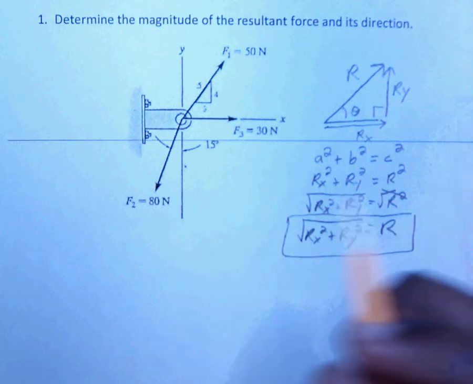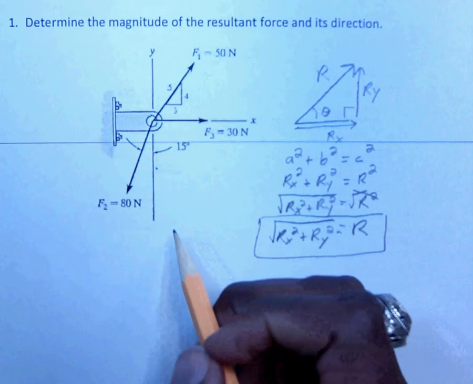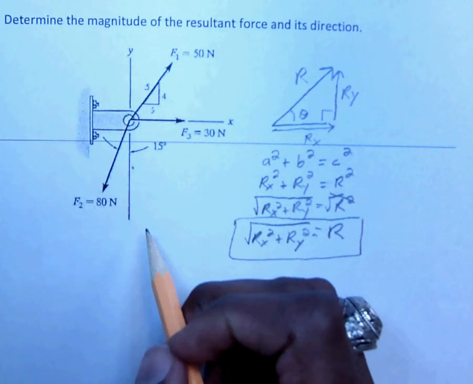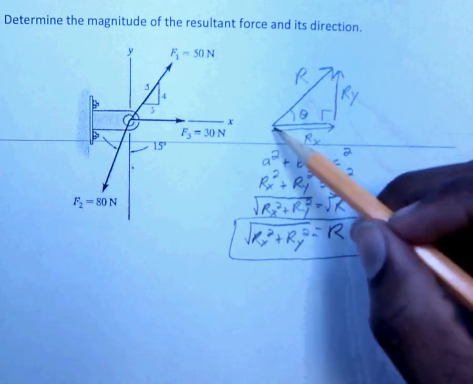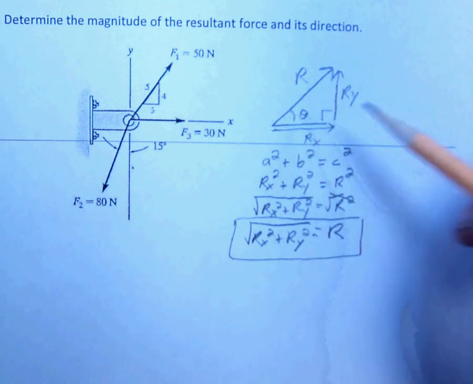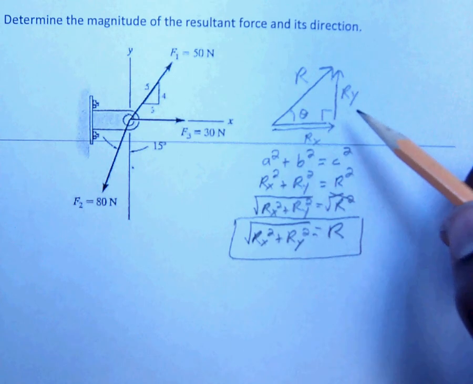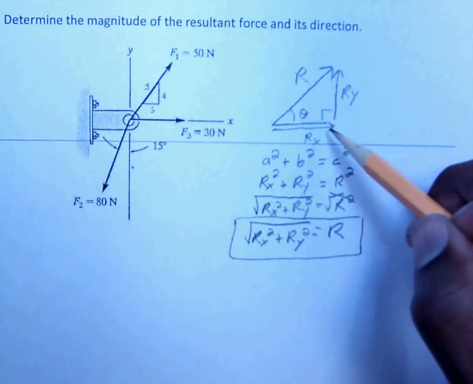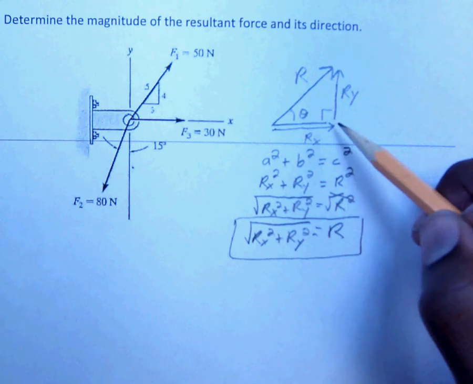Now I'm going to scoot this page over, and we're going to go back up to our 90-degree triangle, and try to determine an equation to get our angle, the direction of the resultant force. Notice that since we do have a 90-degree triangle, we can use our trigonometric ratios.